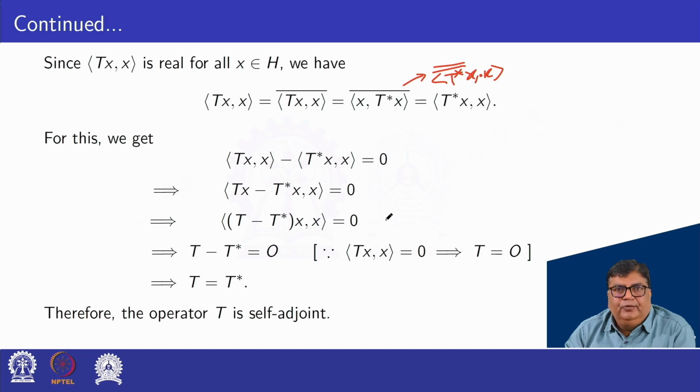And above we proved if inner product of Tx, x is equal to 0, this implies that T is equal to 0. So T minus T star is the 0 operator, that is T is equal to T star. Therefore, the operator T is self-adjoint.